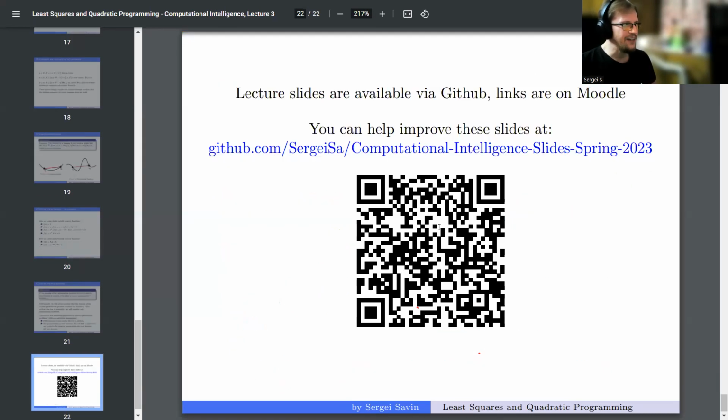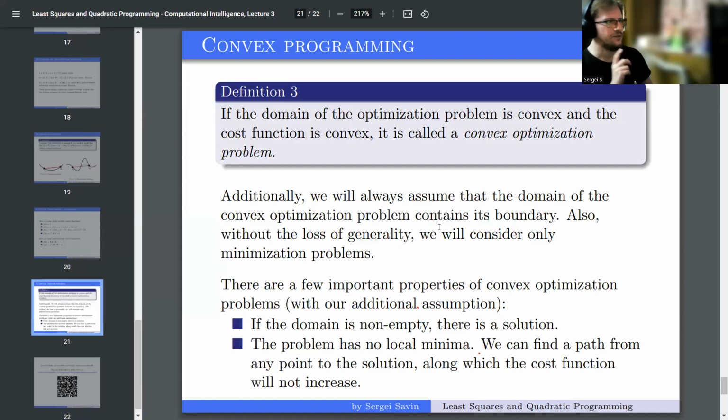Now, in fact, though, this is not really how people understand convex optimization, which is kind of interesting. When people talk about convex optimization, they often talk about what Stephen Boyd liked to call disciplined convex programming or disciplined convex optimization.